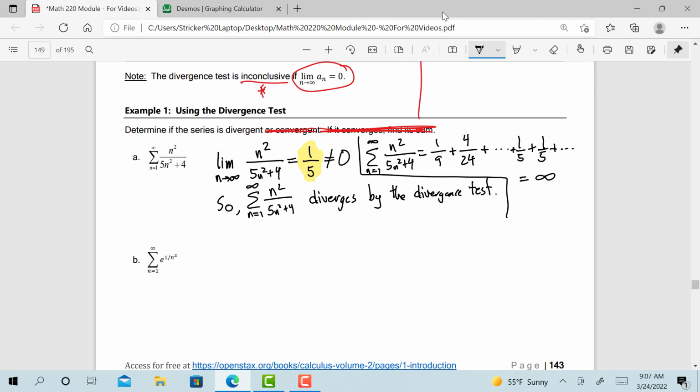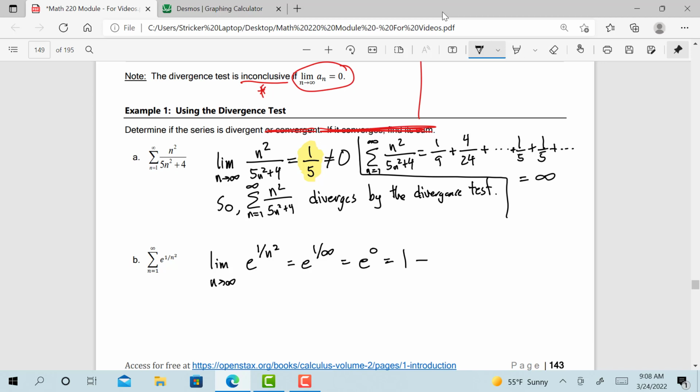So this next one, again, we're going to do the same thing. We're going to take the limit as n approaches infinity of e to the 1 over n squared. And if you plug in infinity for n, this is e to the 1 over infinity. Remember, 1 over infinity is 0, so this is e to the 0. This is 1.